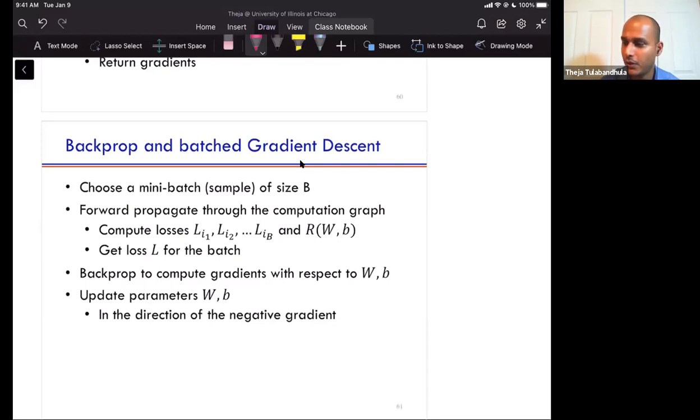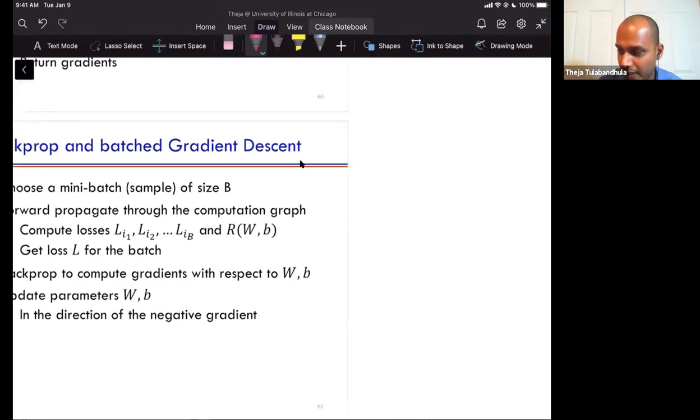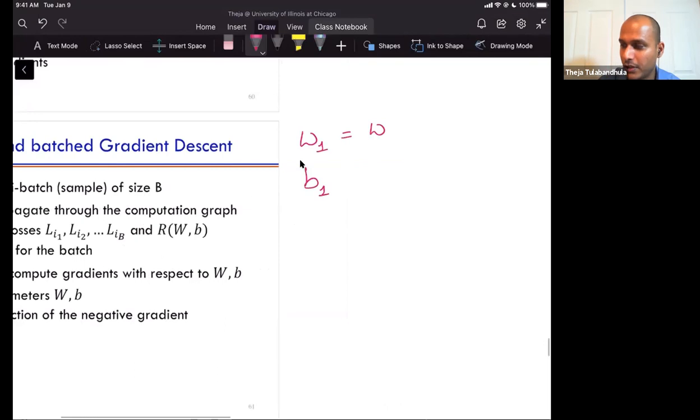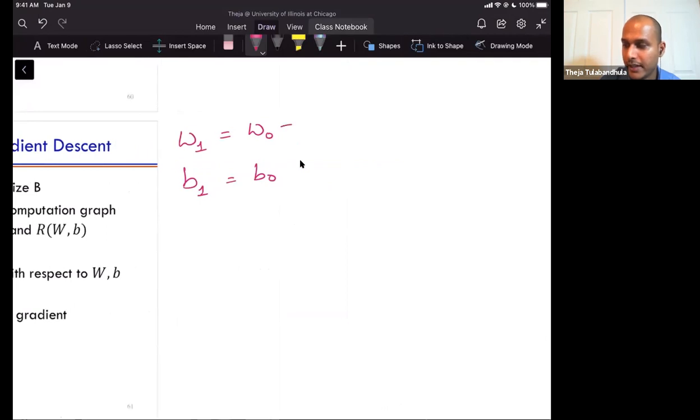Last time we had W and B. Let's say W1 and B1 represent the new values, and I started with old values, W0 and B0. Then I would take the old value and subtract. Generally, if you are minimizing a loss function, you would do a subtraction. This is called gradient descent. Descent means subtraction, ascent means generally addition.